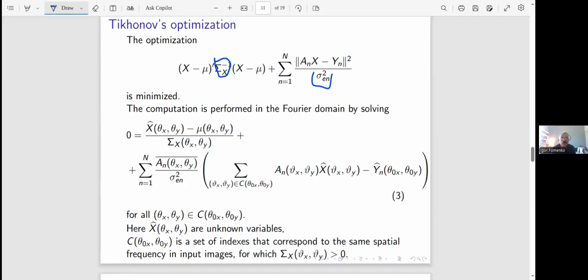But if it's zero, it should be zero somewhere. Yes, it should. Actually, we use some zeros to... Okay, I see.